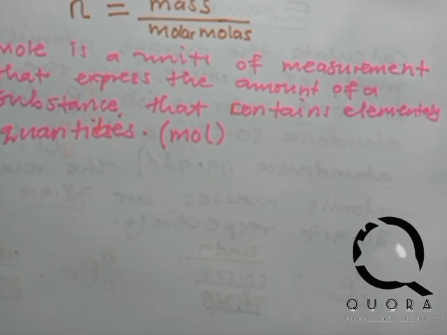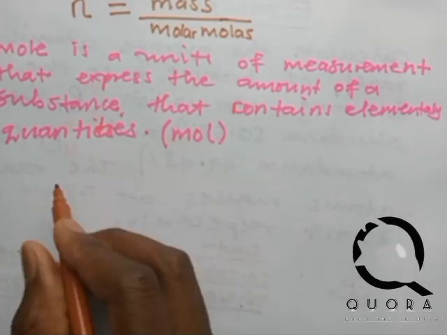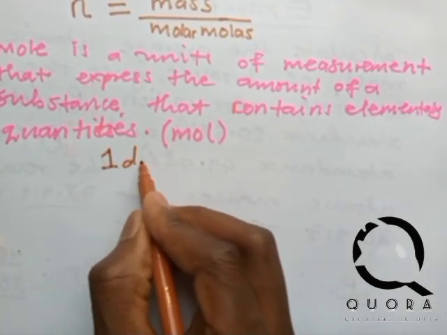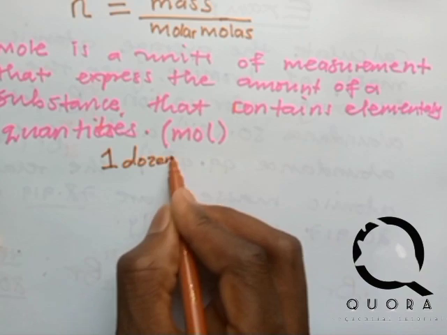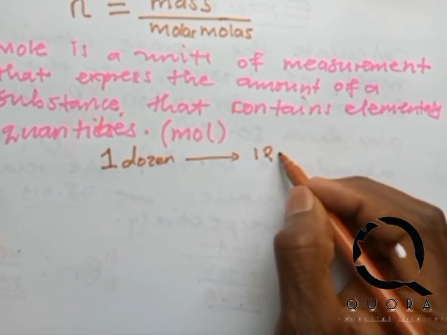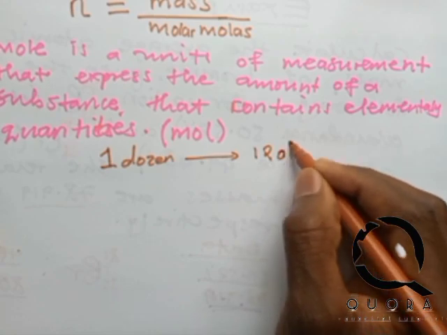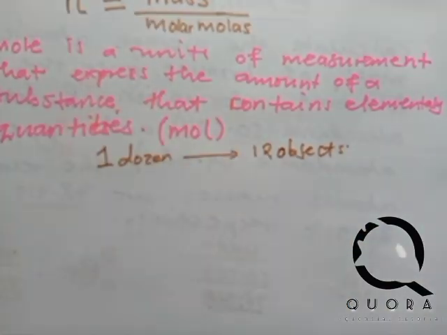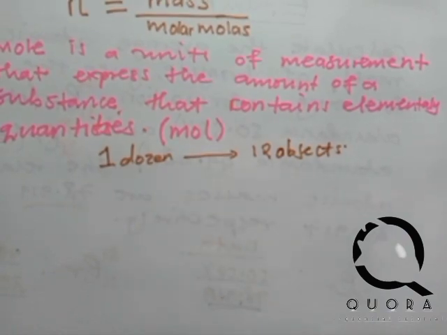Like if you say one dozen, it is equivalent to 12 units or 12 objects. The same applies to the number of moles.